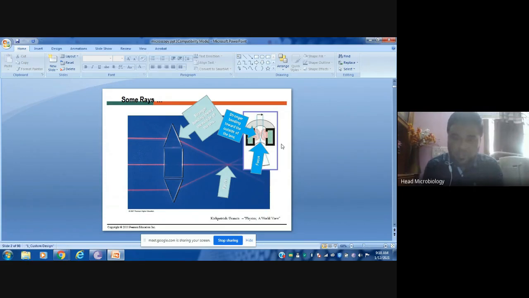Okay, so you can see here, in the case of electron microscopy, it makes a concave lens, whereas in your normal case, it is a convex lens. So this is one thing that you should be aware of.